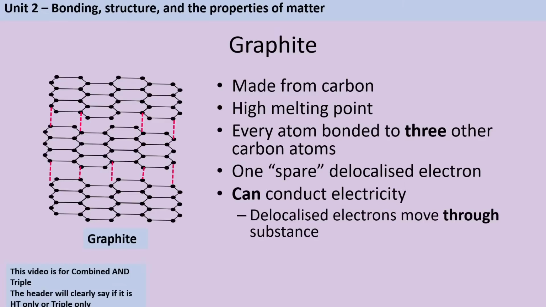This means that it can conduct electricity. Rather like we said with the metal, the delocalized electrons can move through the substance. It needs to be through, not throughout, not around, not across. The delocalized electrons can move through the substance and carry charge.